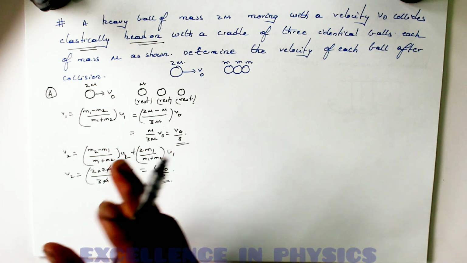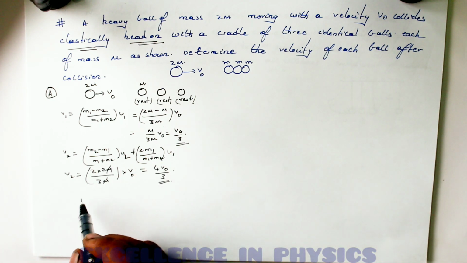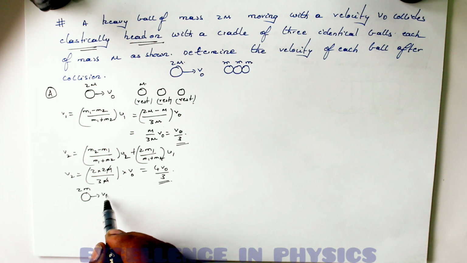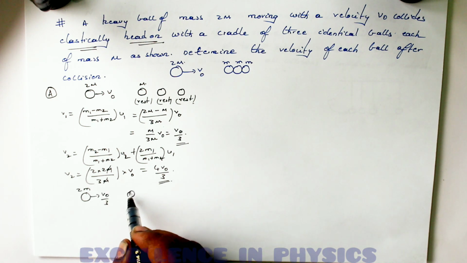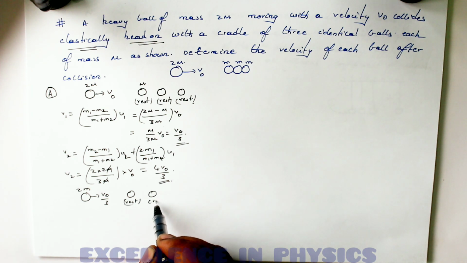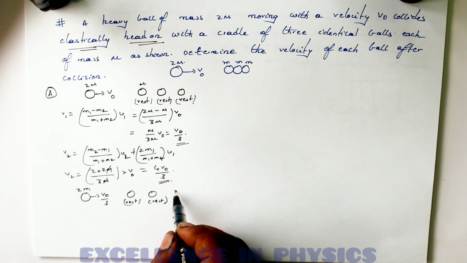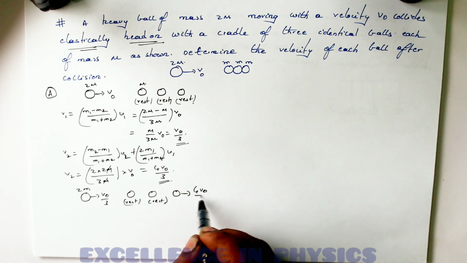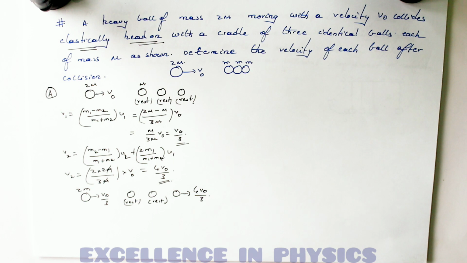So after the first collision, let us see all the velocities now. The velocity of 2m is v0 divided by 3. This ball has gone to rest, the second ball has also gone to rest, and the third ball has started traveling with a velocity of 4v0 divided by 3.